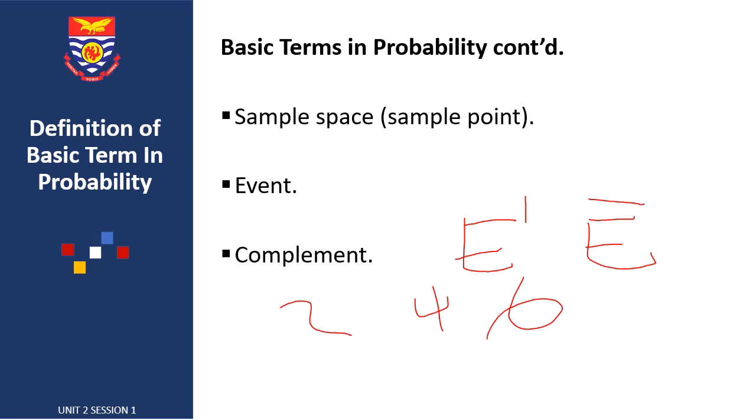That's the event E. So the complement of event E will be what? 1, 3, and 5. That will be the set of elements that are in the sample space but are not in the set E. That is what we call the complement of an event.